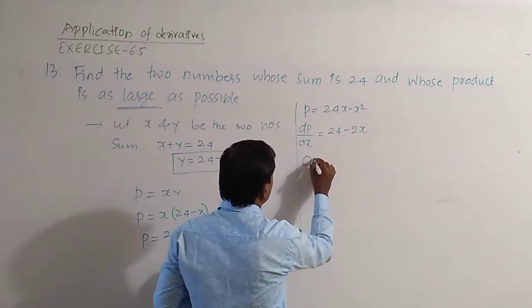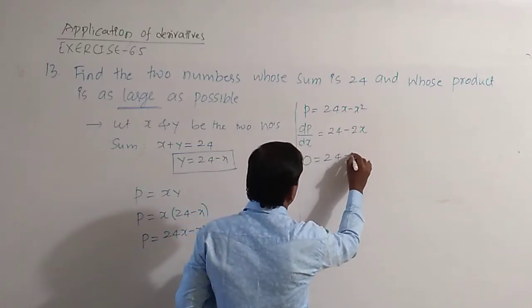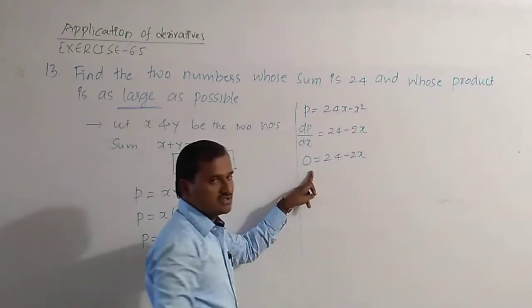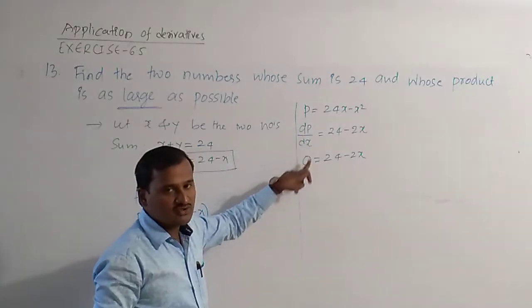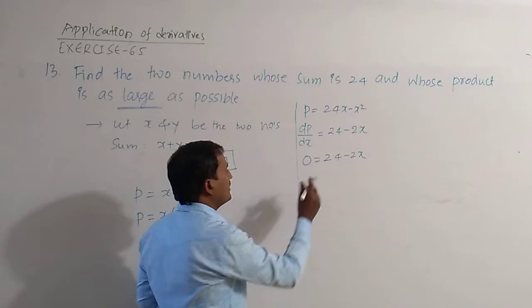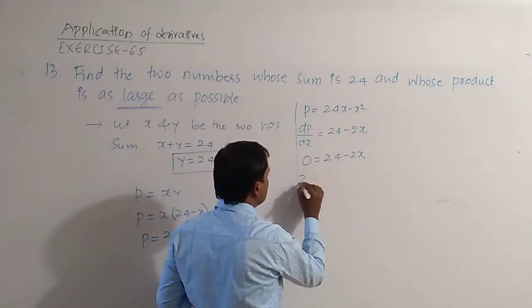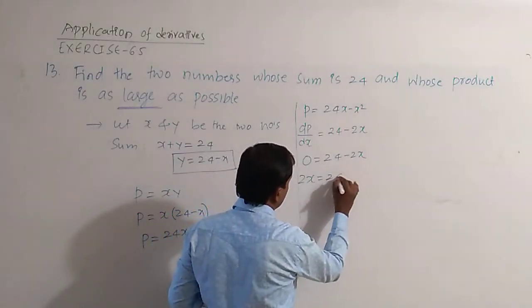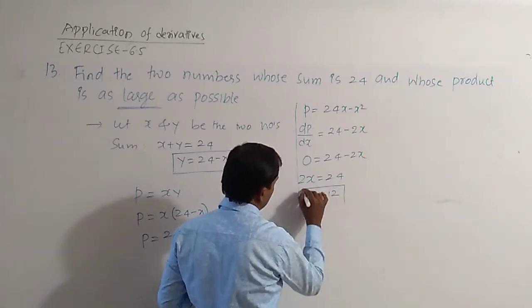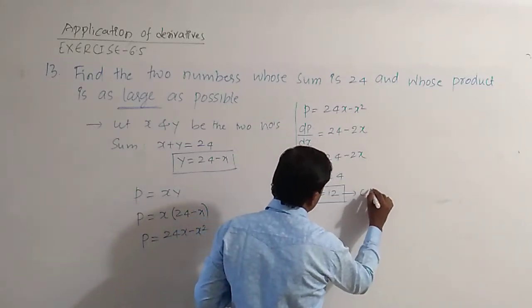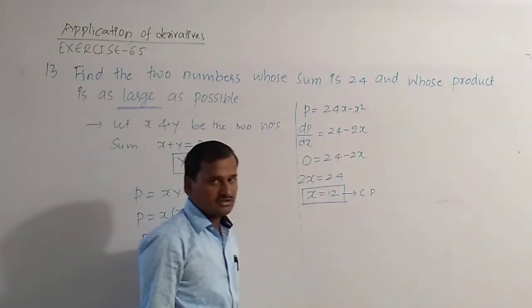So 0 is equal to 24 minus 2x. So therefore take this 2x to this side. So clearly 2x equal to 24, so what is the value of x? Clearly x equal to 12. So this is the critical point, right?